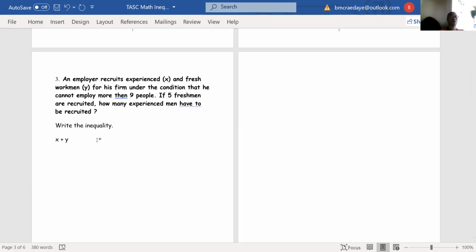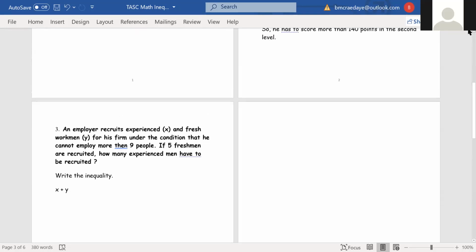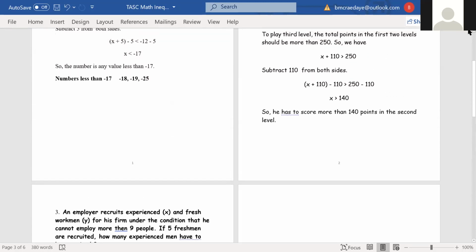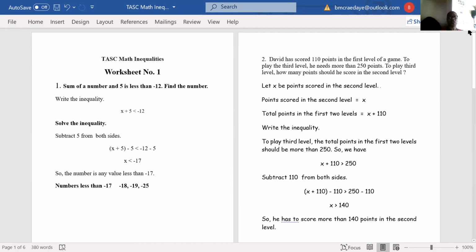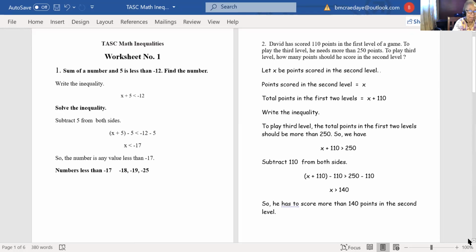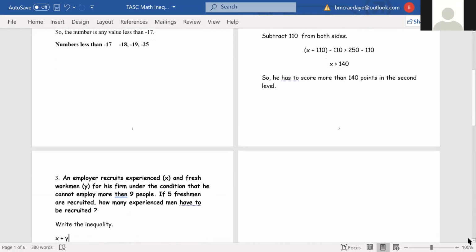X plus Y. He cannot employ more than 9. So if he cannot employ more than, that means it's got to be less than. The sign faces the 9, so this would be less than, in the opposite direction.